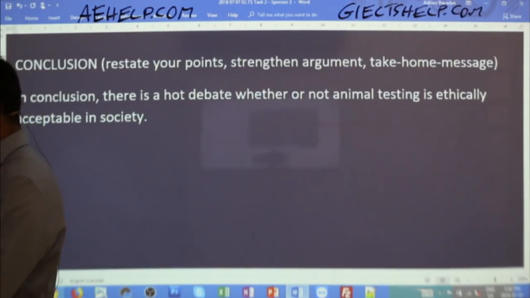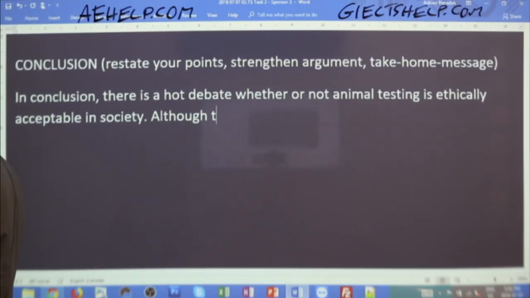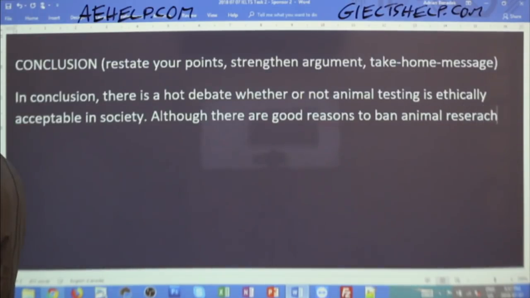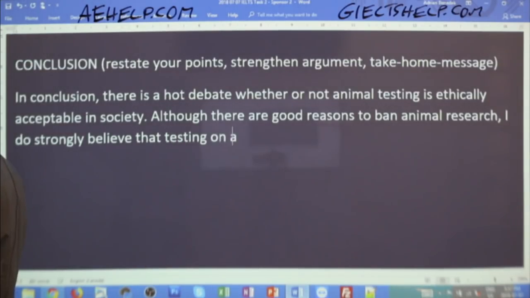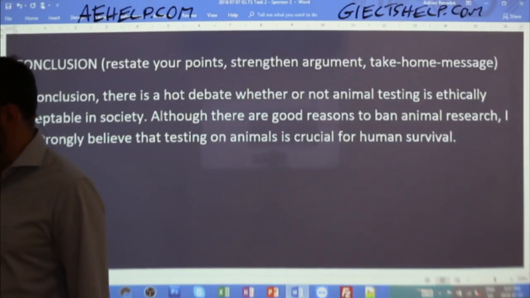And then the argument. Although there are good reasons to ban animal research, I do strongly believe that testing on animals is crucial for human survival. Okay, as my example showed with my cousin.